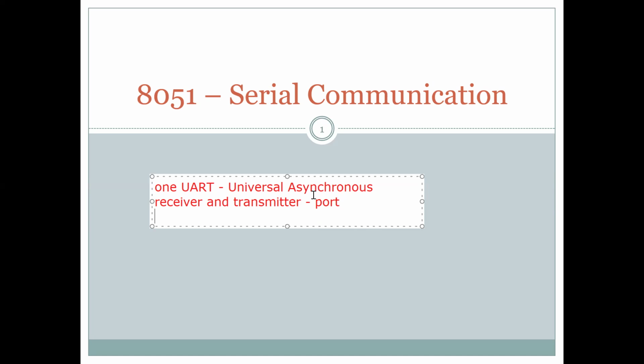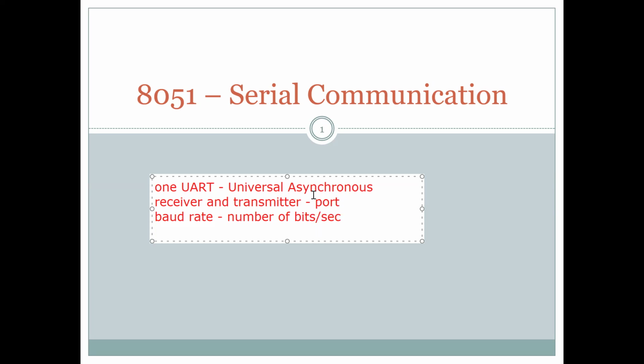But in asynchronous communication, there won't be any clock, but both sender and receiver agree to a particular baud rate, the number of bits transmitted per second. The baud rate is actually the number of symbols transmitted per second. Here our symbols are bits only, binary, so bit rate and baud rate are the same.